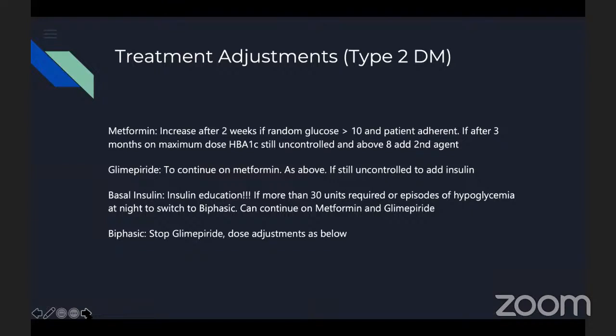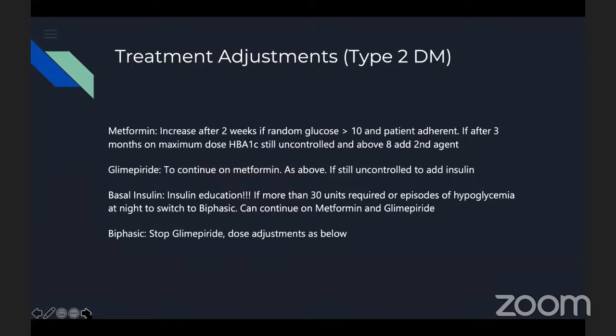They can take it with meals, and then you adjust it based on their fasting glucose levels or their random glucose levels if they come to the clinics, because often it's not actually fasting. So you can increase that to a maximum of 850 milligrams TDS, and then it's important to also monitor the patient's renal function. So if their GFR drops below 30, then it's important that you stop metformin. And so you titrate the doses based on the glucose levels.